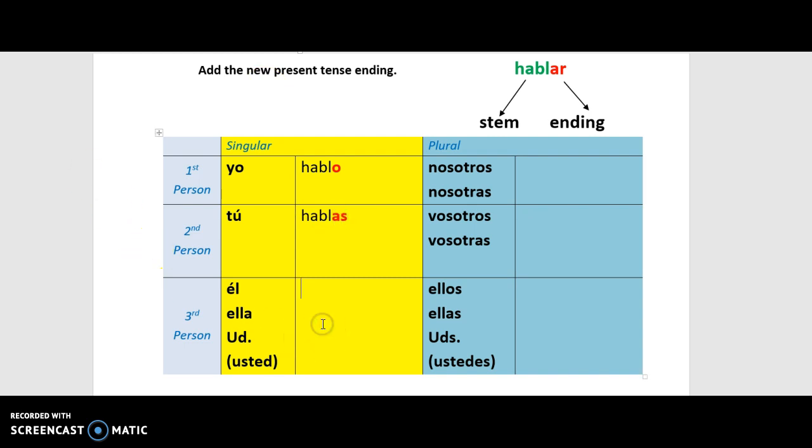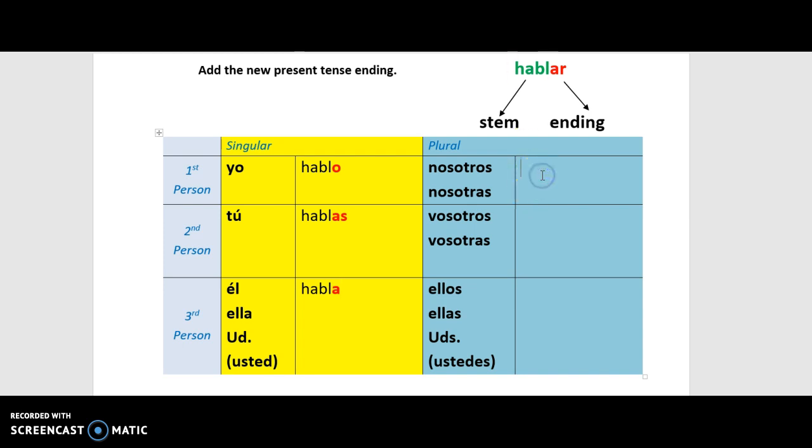Él, ella, and usted are all going to share the same ending. We're going to keep that stem, H-A-B-L, and you are going to add the ending a. Make it red, make it bold, bam. So yo hablo, tú hablas, él, ella, usted habla.